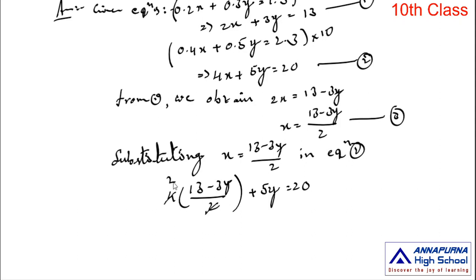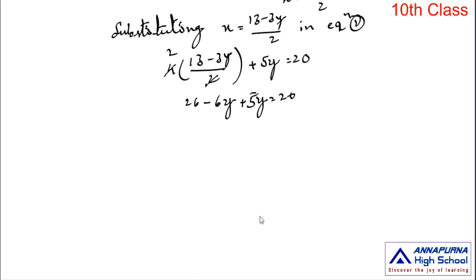So 2 into 13, 26, minus 2 into 3, 6y, plus 5y is equal to 20. 26 minus 6y plus 5y, minus y, is equal to 20. So minus y is equal to 20 minus 26, minus 6. So y is equal to 6.